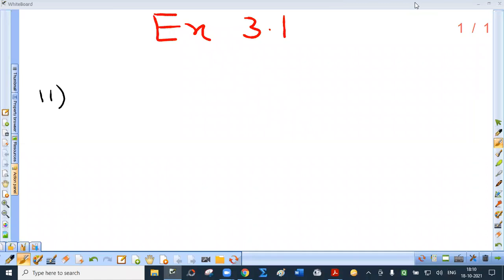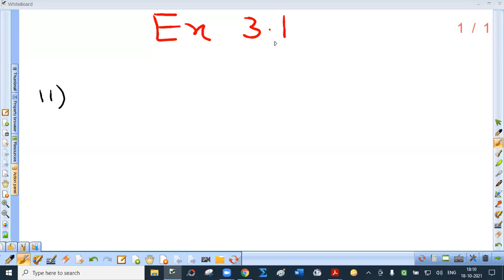Available digits are 2, 3, 4, 5, 6. Full stop. Next line.